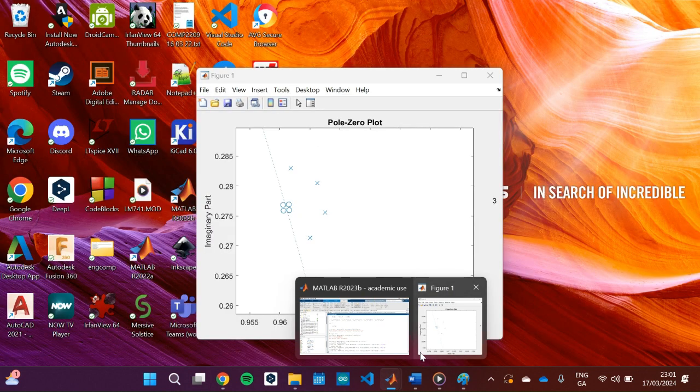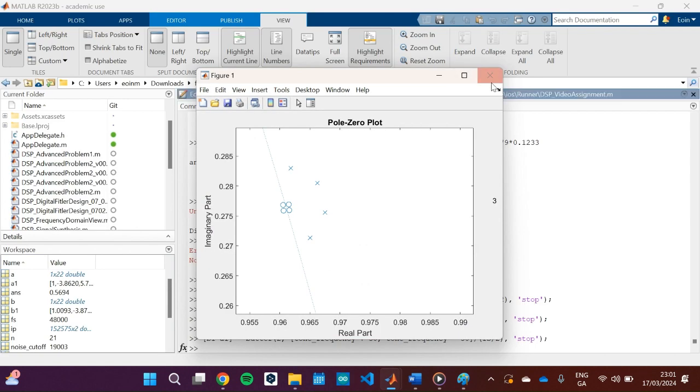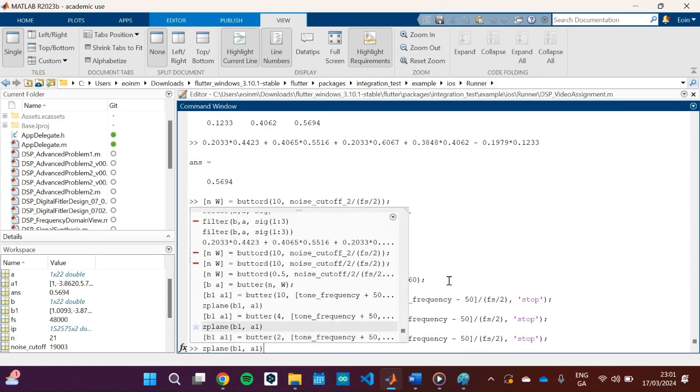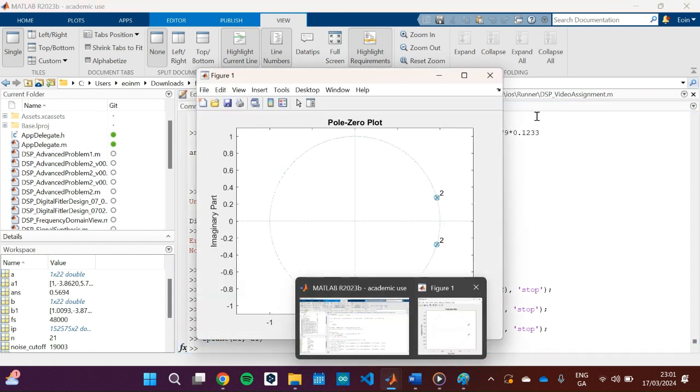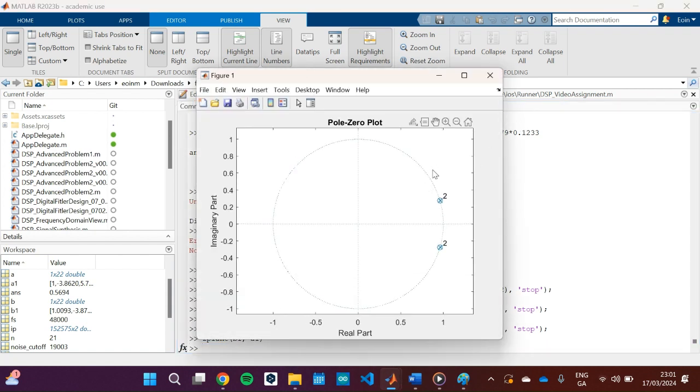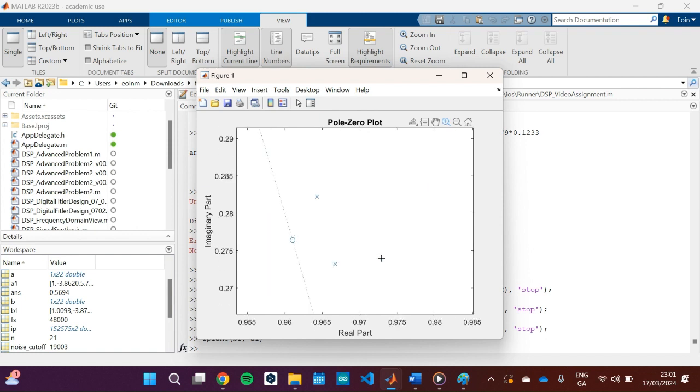Second order. Yeah, right, I think that's about as close as I'm going to get to the unit circle, even though here it's below 1.